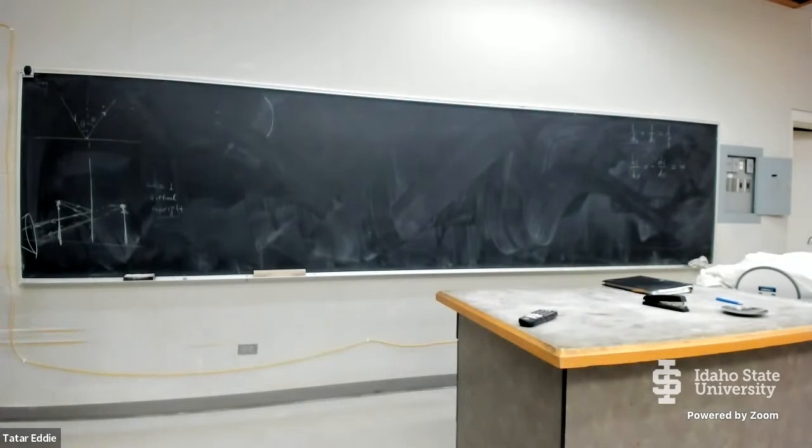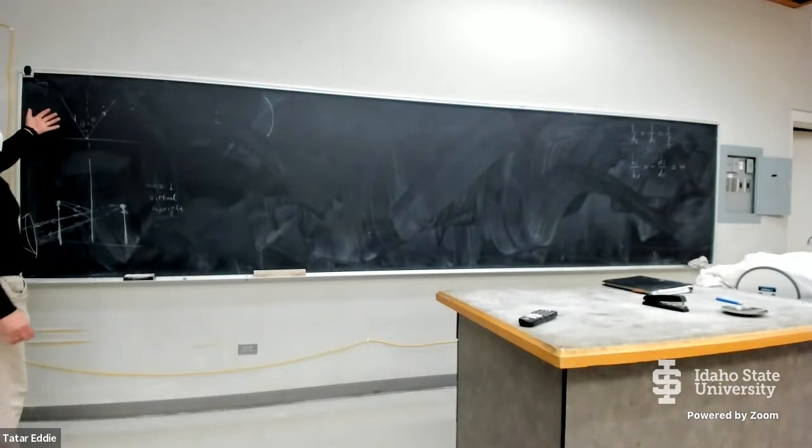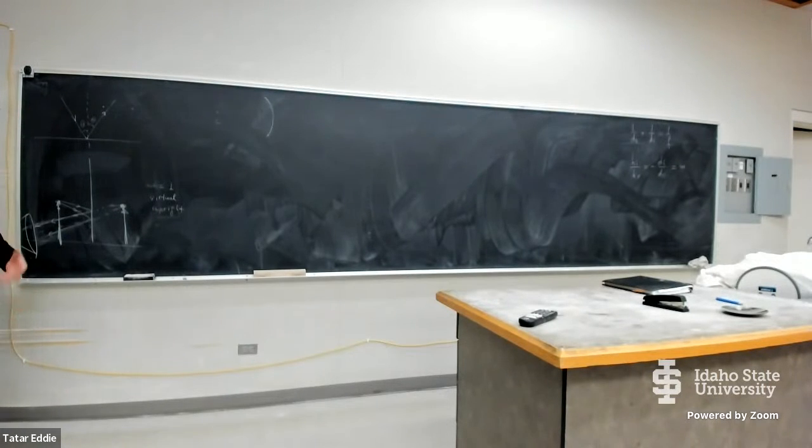It can be shown with a little bit of geometry and using the law of reflection. The proof is not provided in the textbook, so I'm not going to do it.